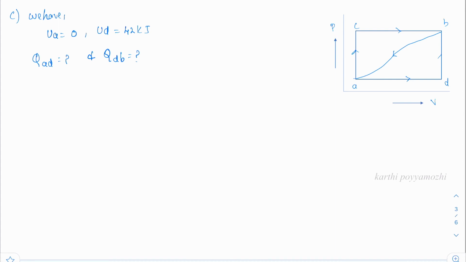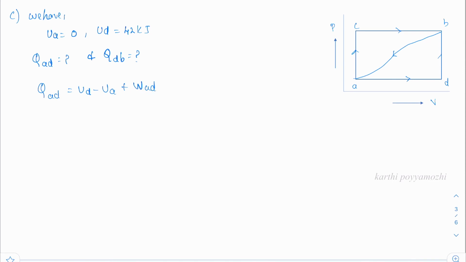Let's find the heat which is given to the system along the path AD, that is Q of AD, which is equal to UD minus UA plus WAD. Here we have two unknowns: the heat transfer along the path AD, and WAD is also unknown.